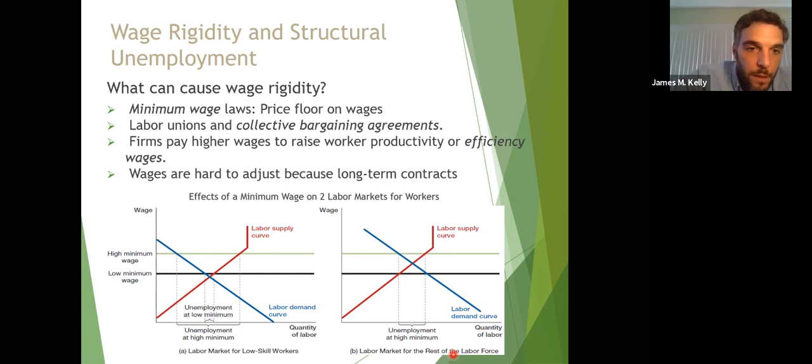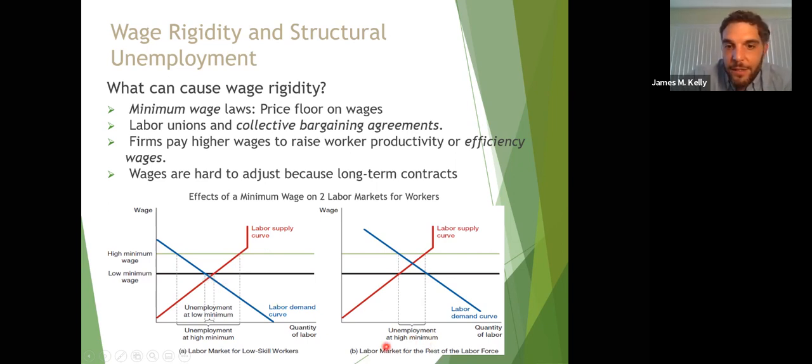So a high minimum wage is going to be more of a source of inefficiency in a labor market with low skill or lower wages, because it's going to be more constraining, meaning the high minimum wage rate is going to be further above what the equilibrium wage rate would be.